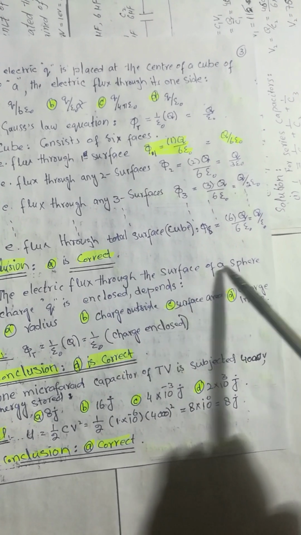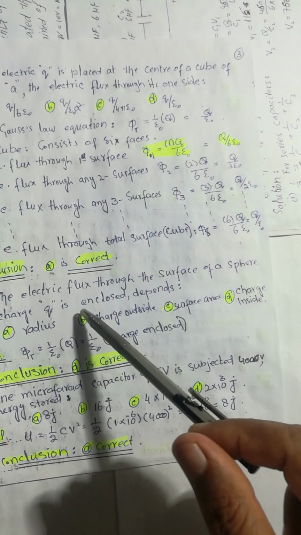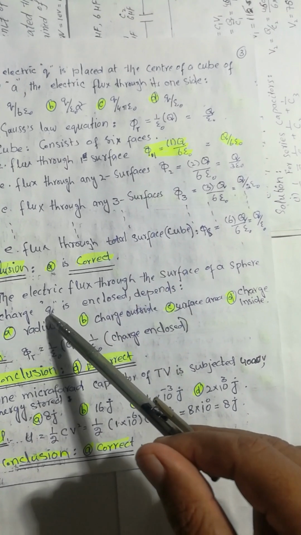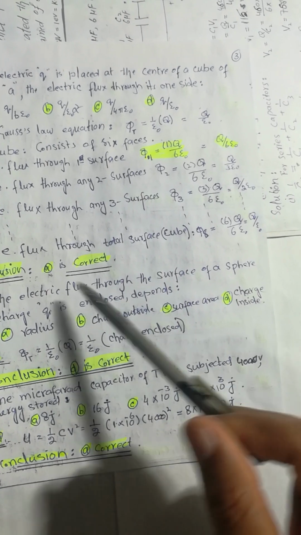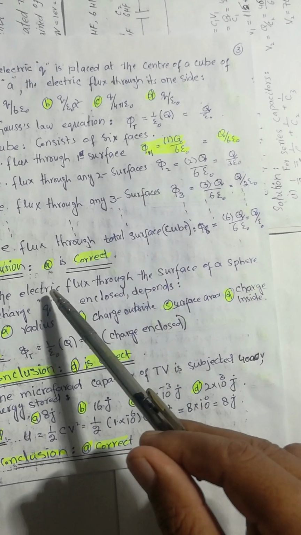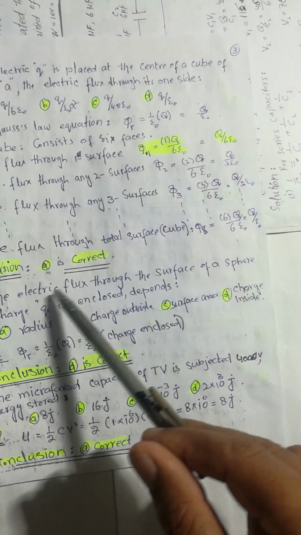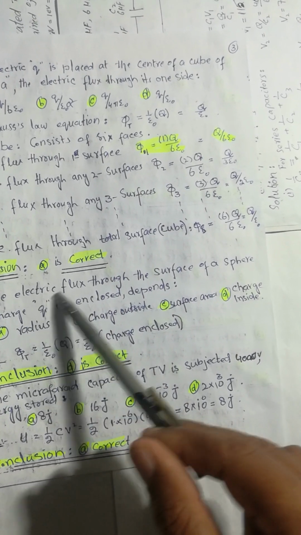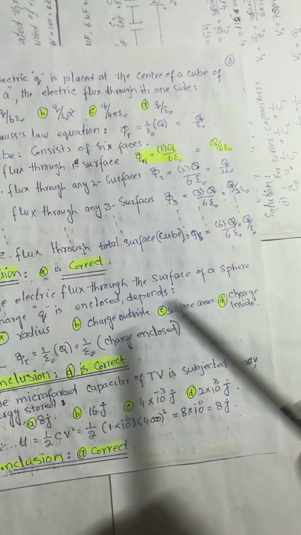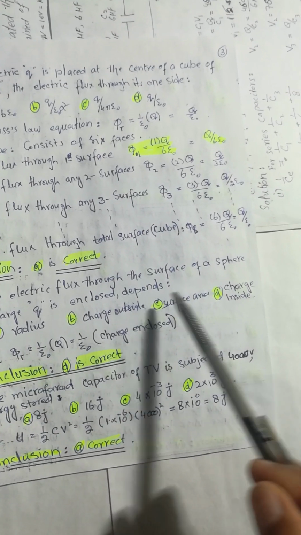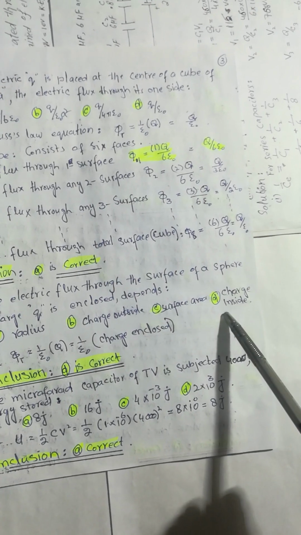This question means that we have a closed spherical surface enclosing charge Q, and they ask us to find the electric flux, which will depend upon. Four options are given: radius, charge outside, surface area, and charge inside.